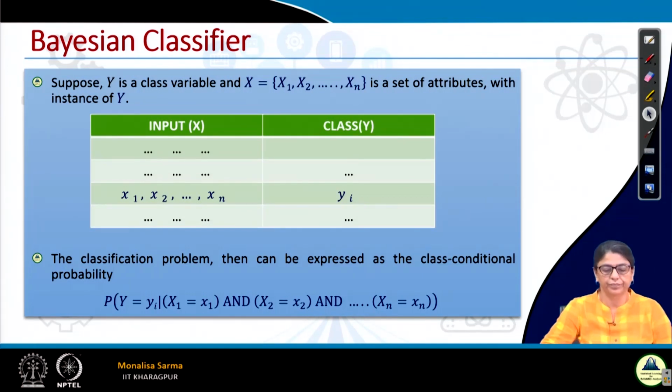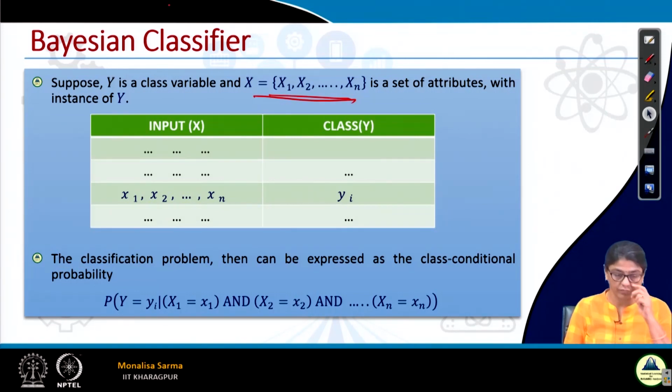First, what is Bayes classification? It is based on the Bayes theorem. We have seen how it works, right? Now, just formally, suppose y is a class variable, and x is a set of attributes.